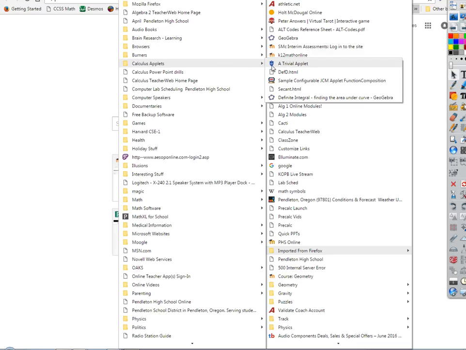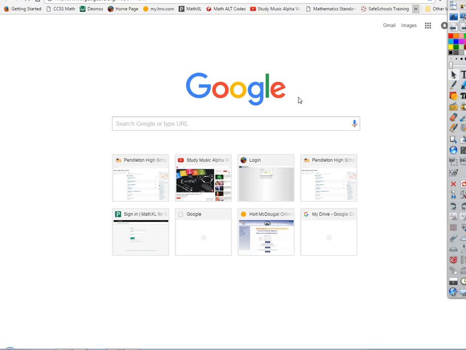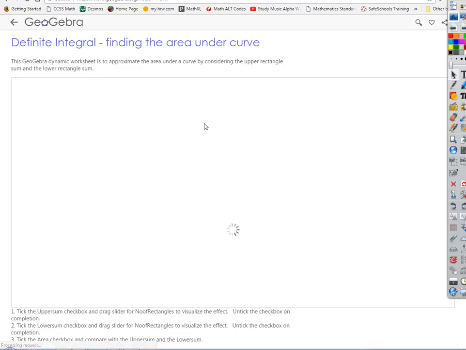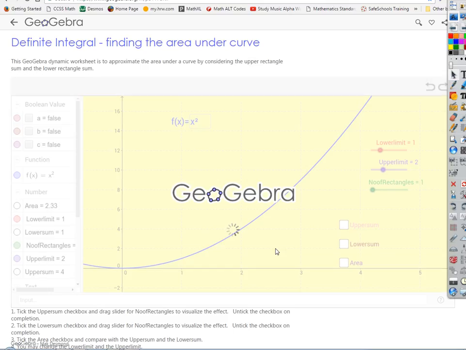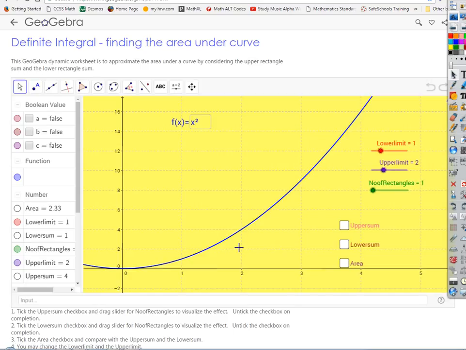Here we go. Area under a curve, in GeoGebra. Okay, and so we looked at an example, let's just take an easy one, f of x equals x squared.